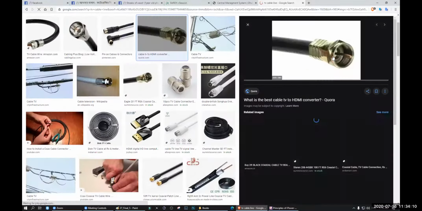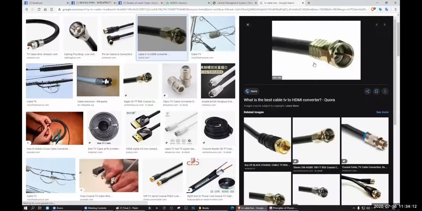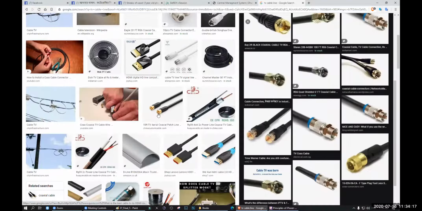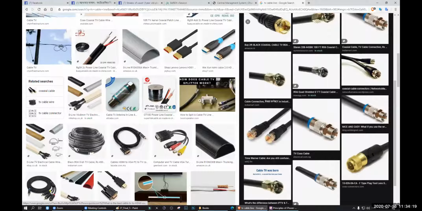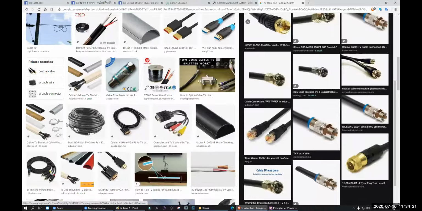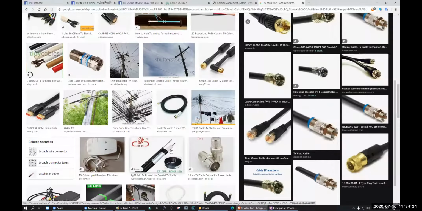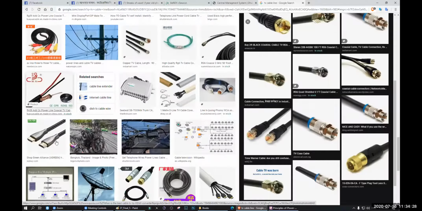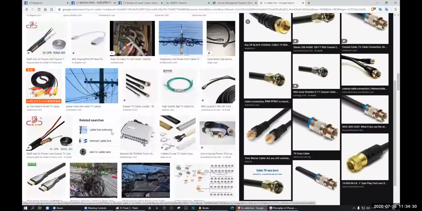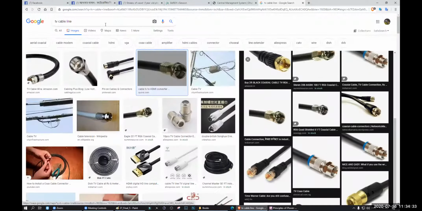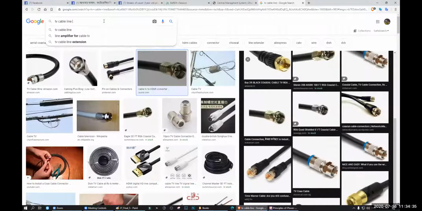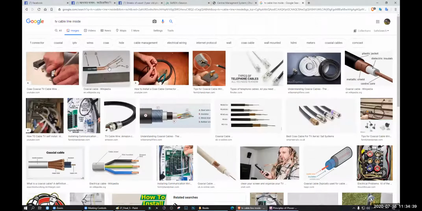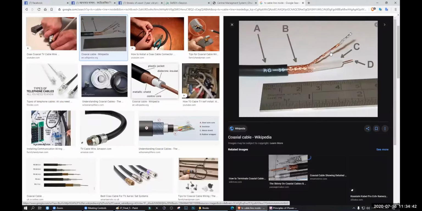This line that comes to the TV, right? Yes, sir. Not that. What is inside? Yes, TV cable. Yes, this one.